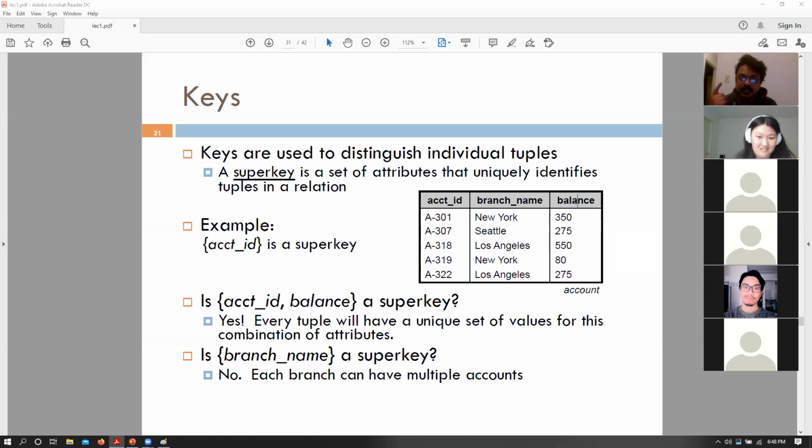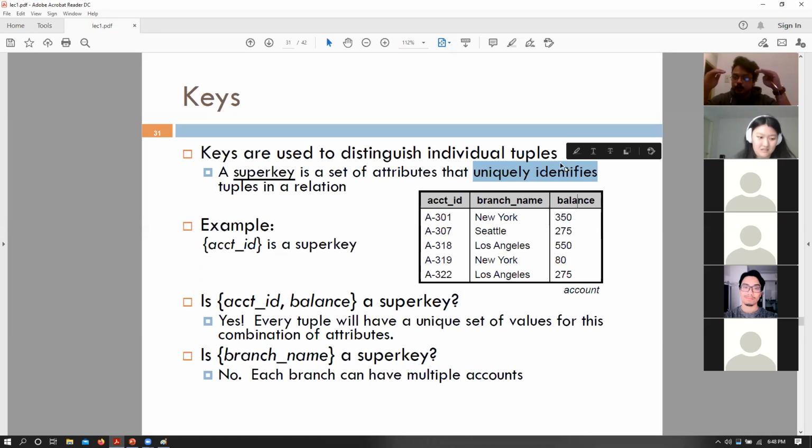So a super key is essentially a set of attributes. It can be one attribute, two, or all three of them. So a set of attributes that needs to uniquely identify tuples in my entire table. If I say that this is my super key, that means that this super key will only be possible in my entire table only once.